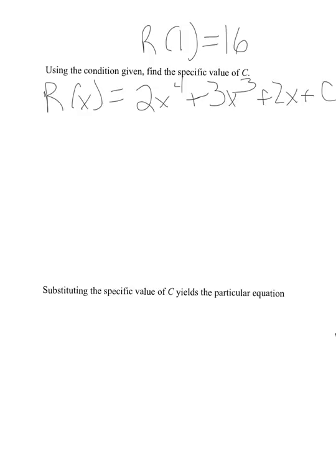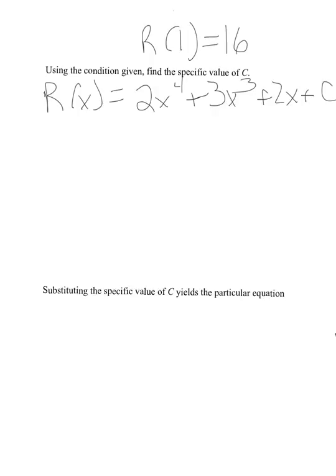Now here's what that means, is that 1 would be an x value. So I'm going to put 1 everywhere I have x in this function, and then my y value would be 16. Does that make sense? That's an algebra thing.